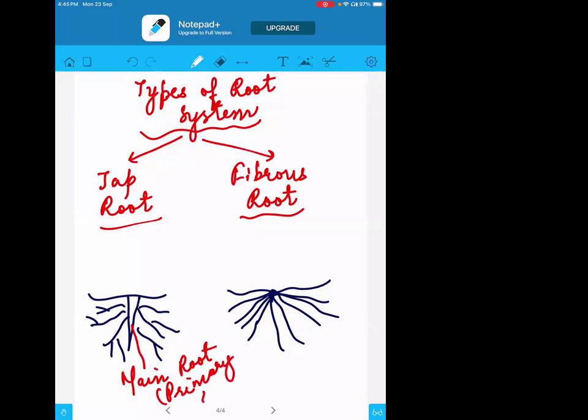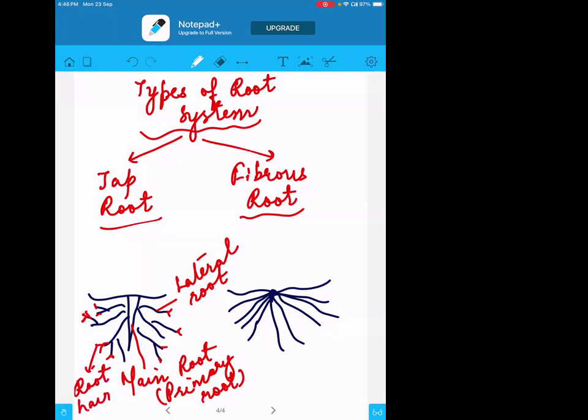And like Harshit has mentioned, the side ones are called the lateral roots or the secondary roots also. And at the end of all these roots, what do they have? They have these small hairs like this. And these small hairs at the end of all the secondary roots or the lateral roots are called the root hairs.